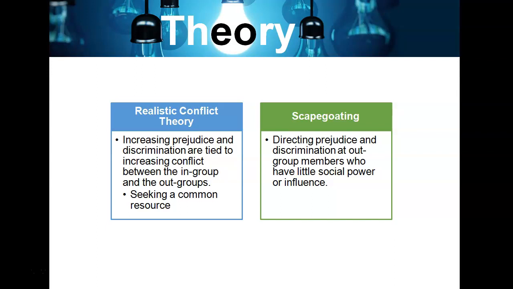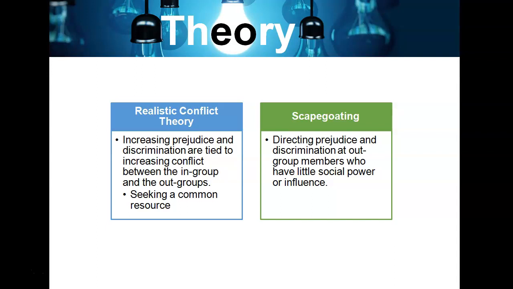And then we also have scapegoating. A lot of times when you see these prejudices and discrimination, it tends to be towards an outgroup that has less of an influence and less of a social power. So those that are seen as not being able to fight back as well.